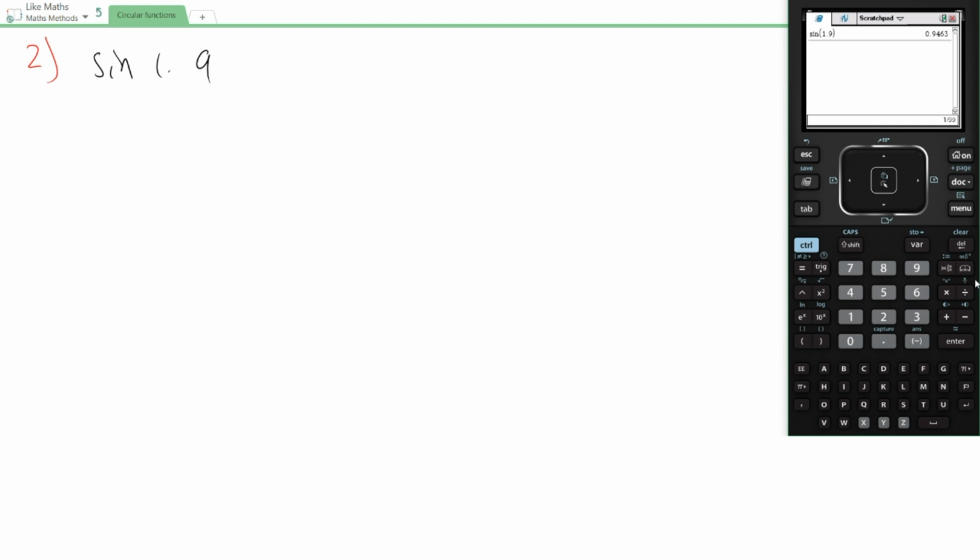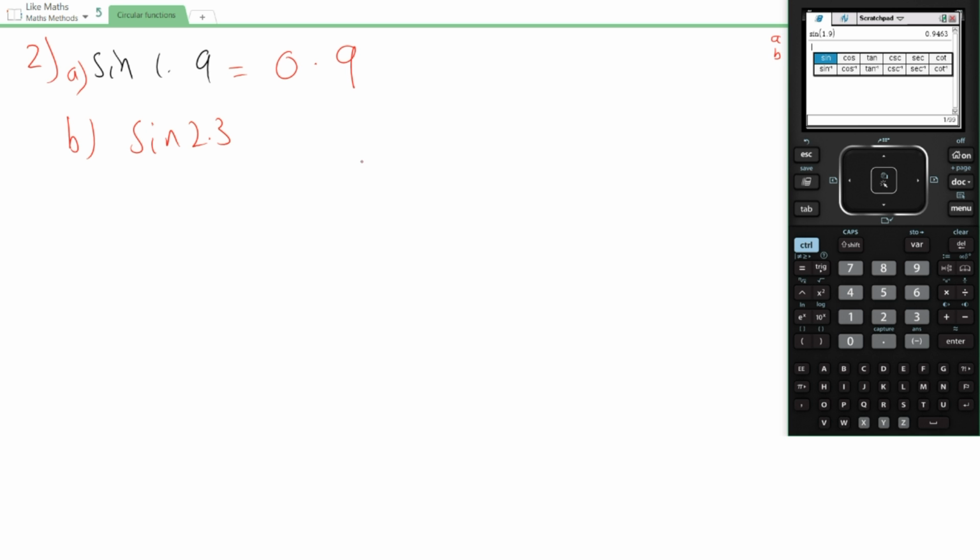We might as well keep going. So that was number 2 part A, and B is finding the sine of 2.3.